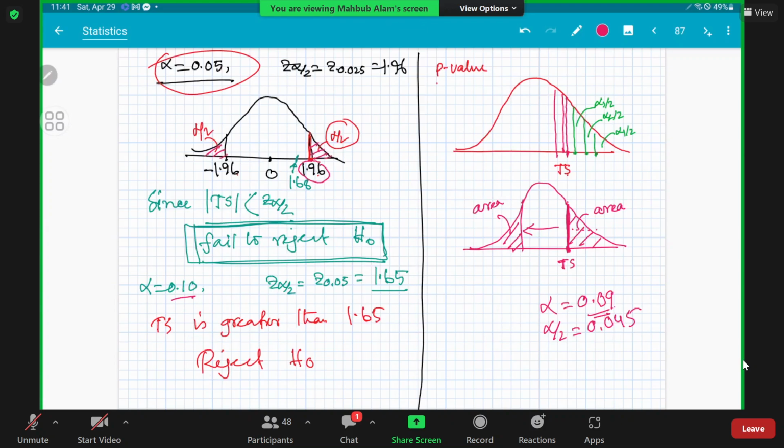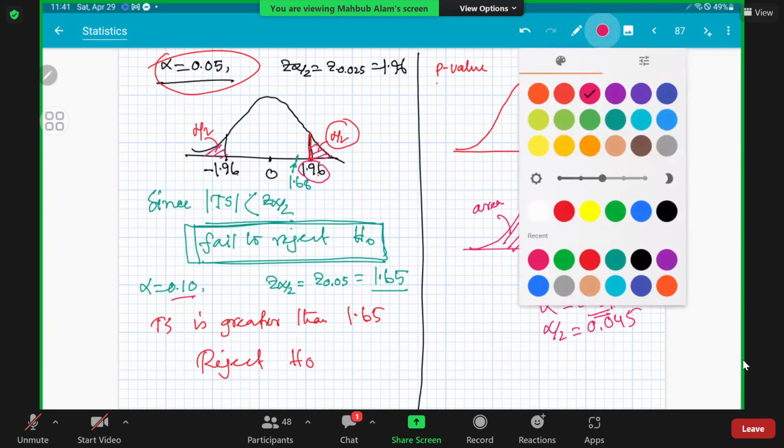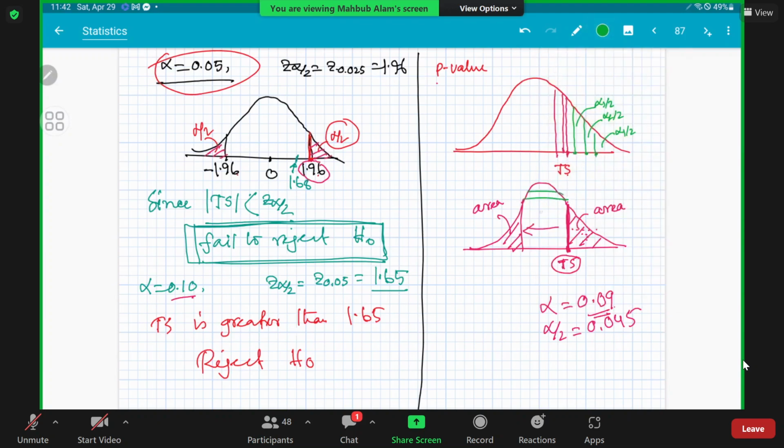So it is very easy to know if you know this value, then it is very easy to find out this area. How? Let me mark it. If we subtract this area, this green shaded region, from 1, then we get the red shaded region.